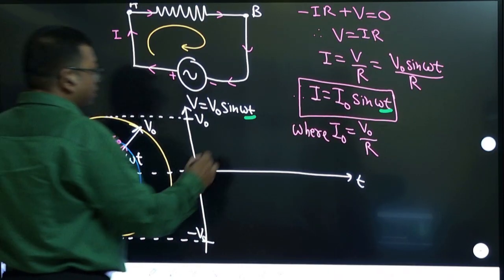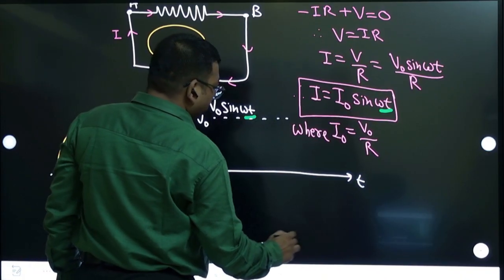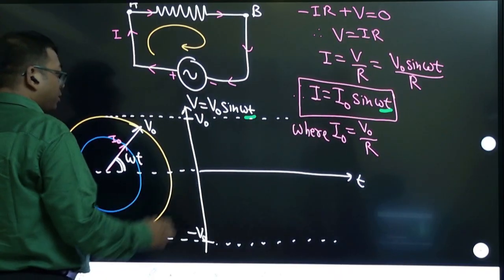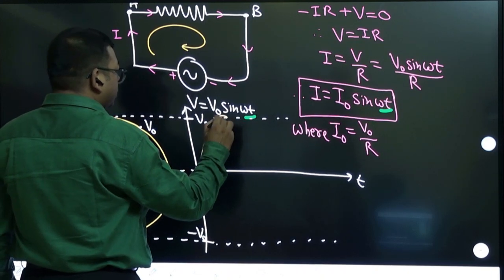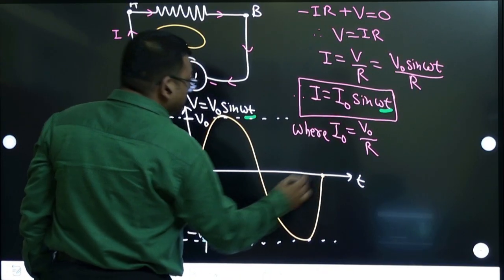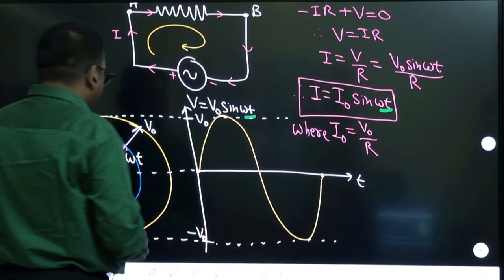So the graph of the voltage should lie between minus V naught and plus V naught. It is going to be a sinusoidal function. This is one cycle of voltage we have drawn.